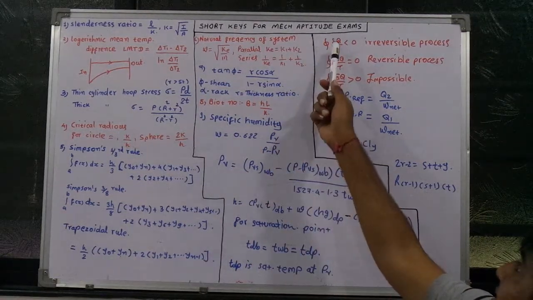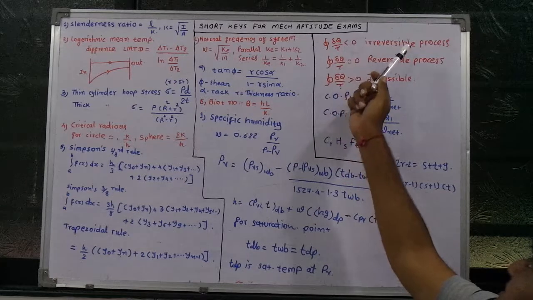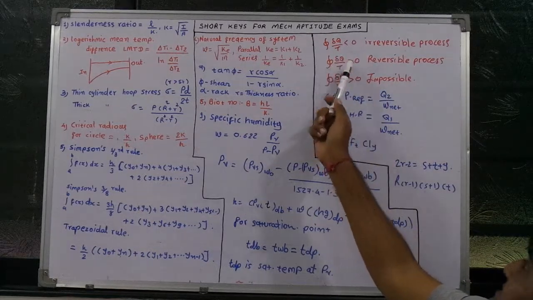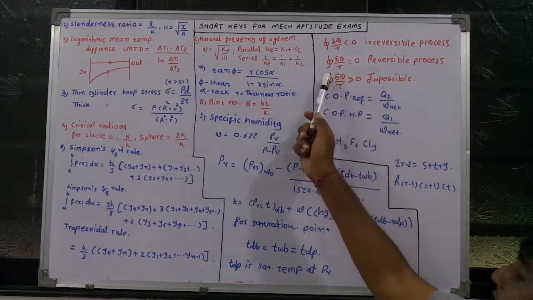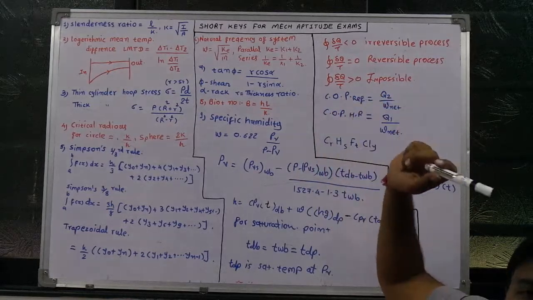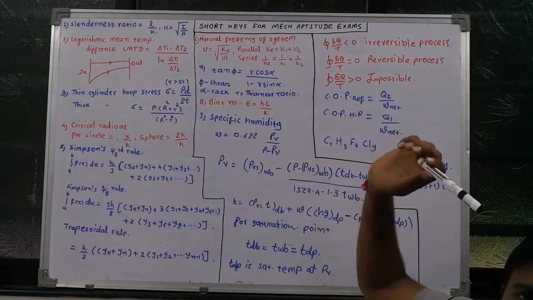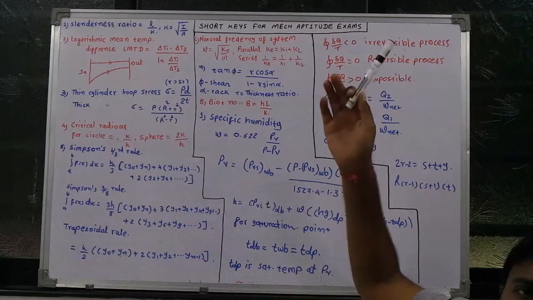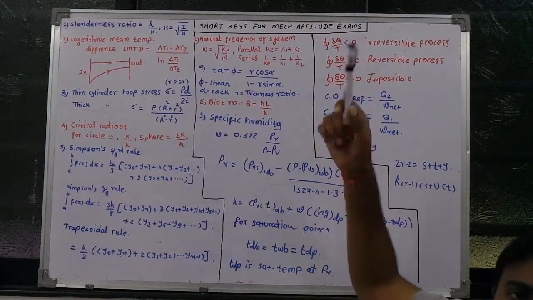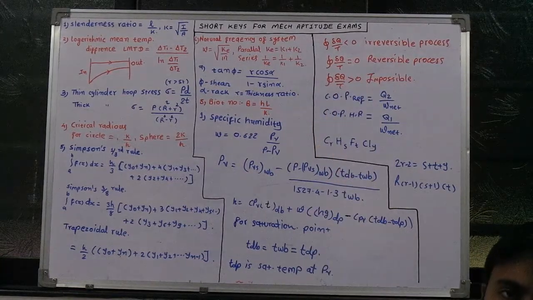The summation dQ by T is less than 0 for the irreversible process, dQ by T is equal to 0 for the reversible process, and dQ by T is greater than 0 for the impossible process. If a number of engines are given, you are able to derive this from the Q and T values. If you have a number of Q values and T values, then Q1 divided by T1 plus Q2 divided by T2 plus Q3 divided by T3.